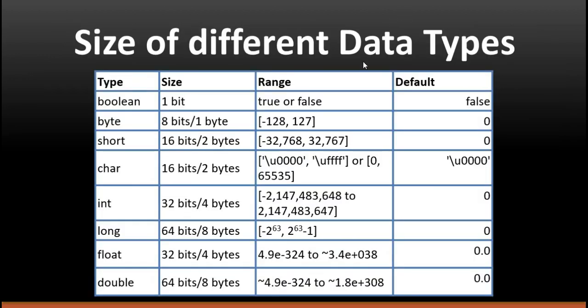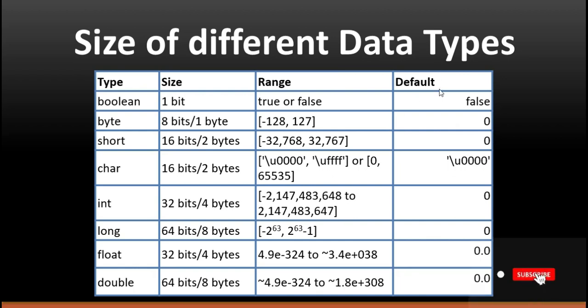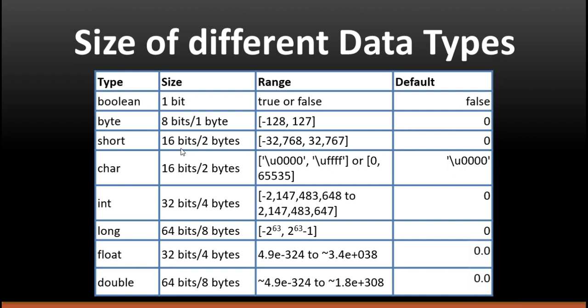Here is the table which is showing the different primitive data types available in Java, the size which each requires, the range of the values, and the default value which it can store. So you can see boolean occupies 1 bit of memory, byte 8 bits, short 16 bits.